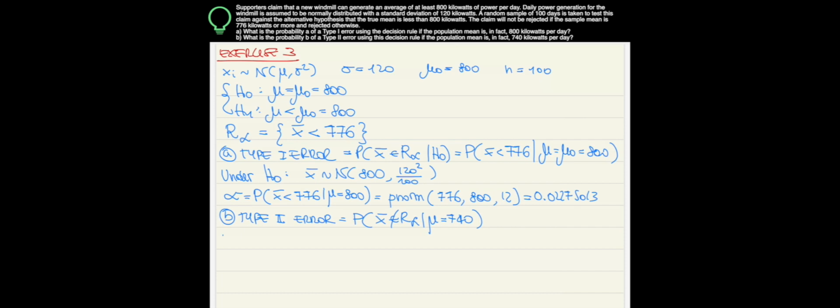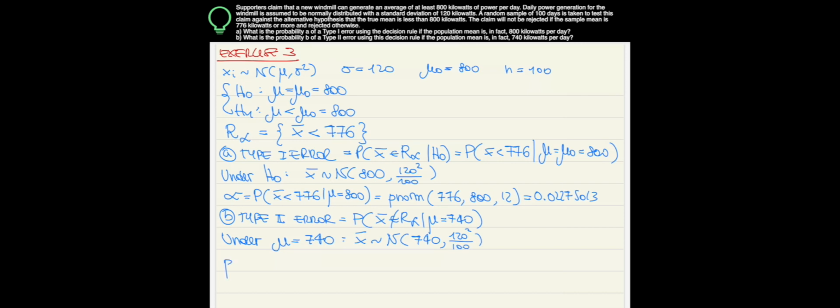So how do we calculate this? This is done in a very similar way. Under the alternative hypothesis that mu is equal to 740, x bar is normally distributed, but with a different mean than before, 740, and the same standard deviation.